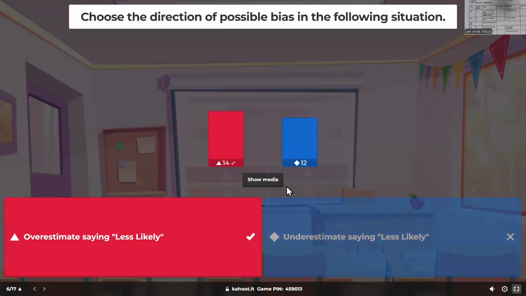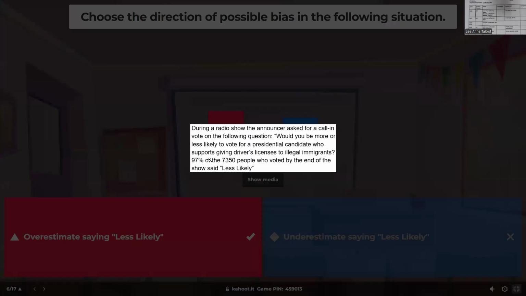On this one, you're supposed to notice that 97% said less likely, which is a really big percent. So it's probably overestimated.